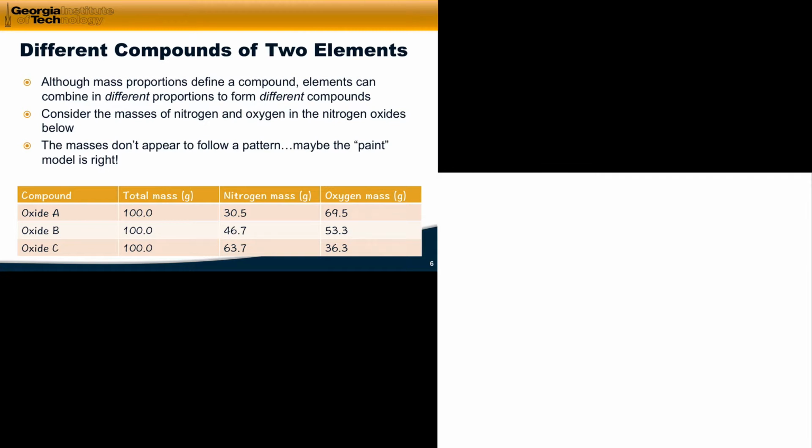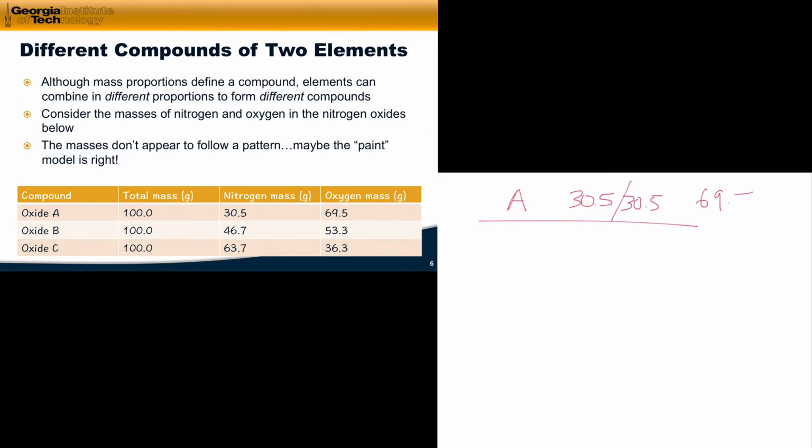Something interesting happens when we take each of these masses of oxygen and divide by the mass of nitrogen in each oxide. What we're looking at then is the mass of oxygen per gram of nitrogen in each of the nitrogen oxides. So for example, for oxide A, I'm going to take the 30.5 grams of nitrogen and divide by 30.5 grams.